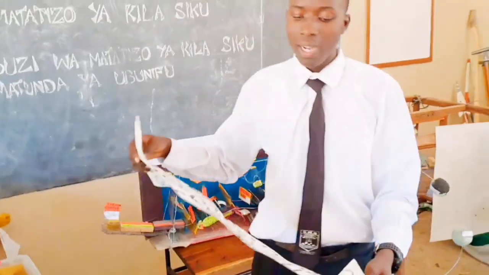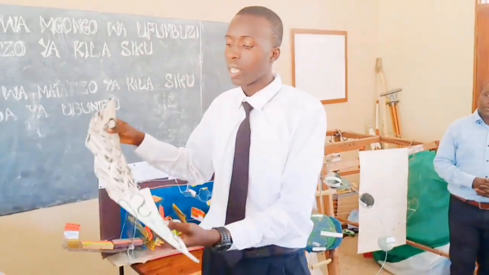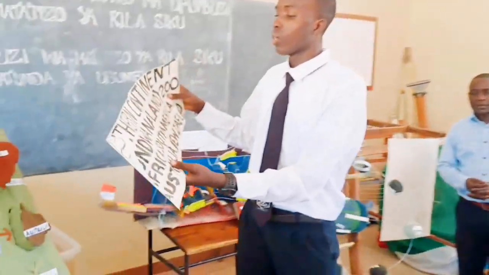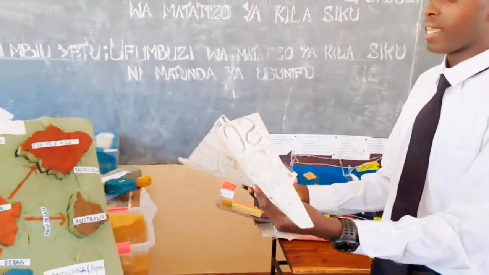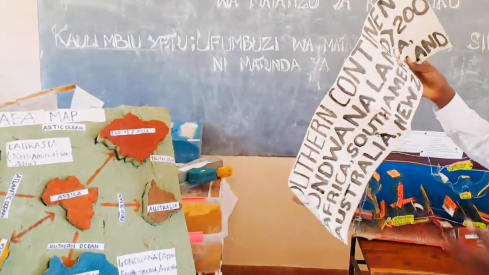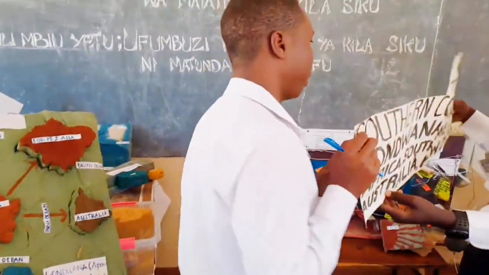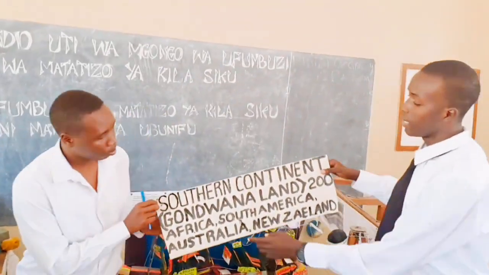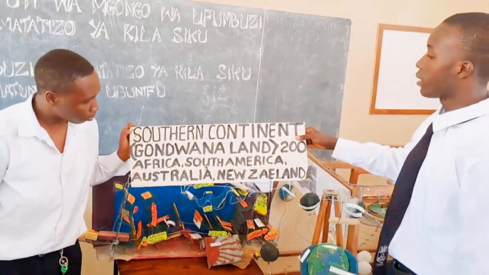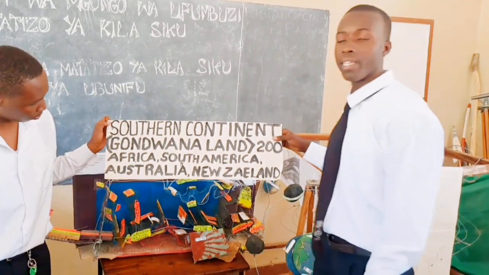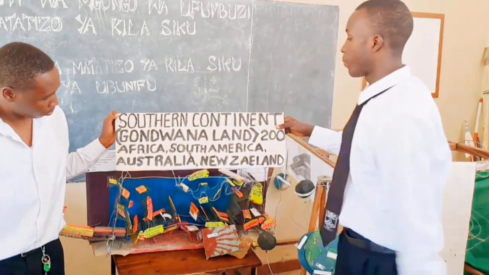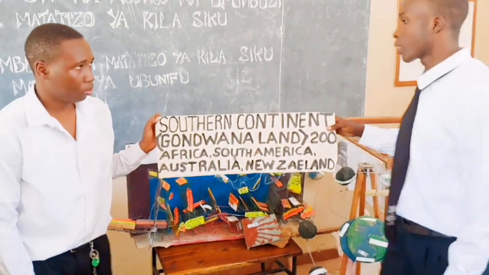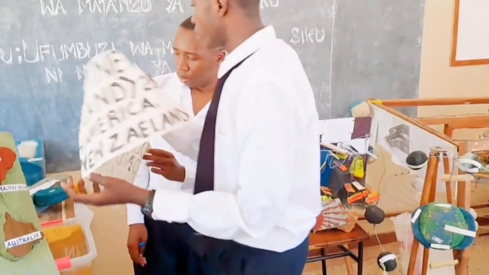Gondwana was formed in the southern part of the Earth's surface, and it consisted of several continents. First, there is Africa, South America, and Australia, and also New Zealand.